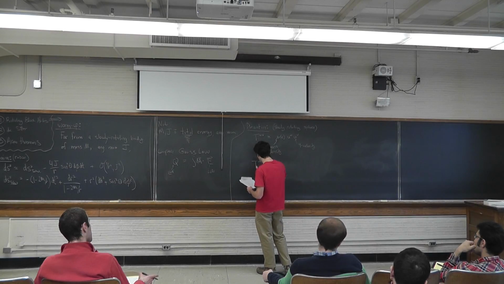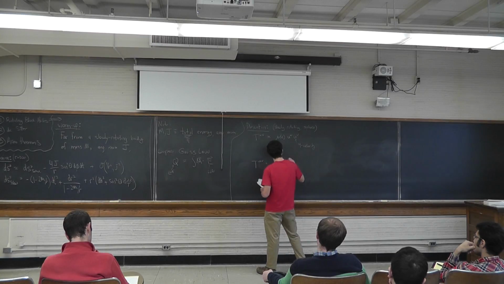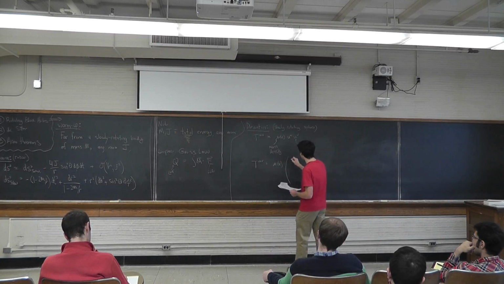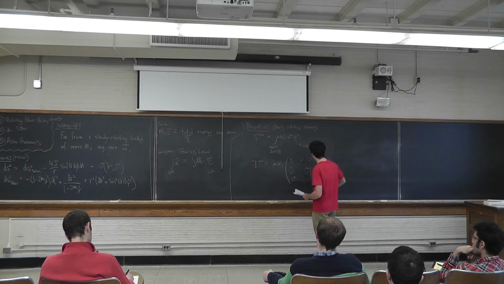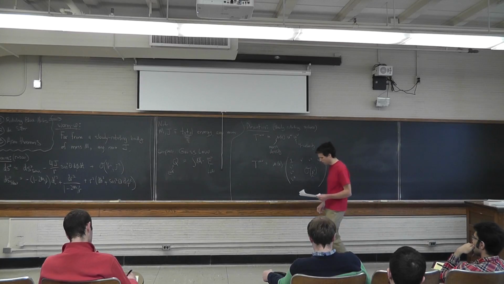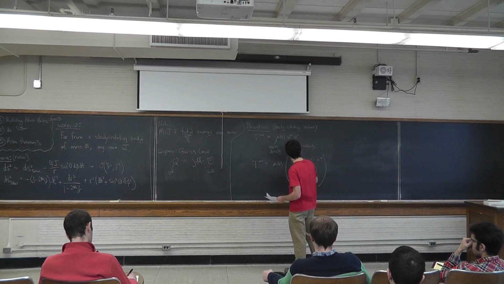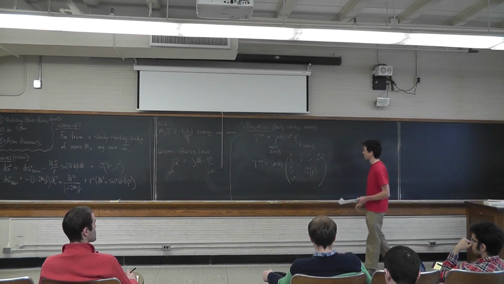So what we want to use is that you can write T mu nu as rho of x times the matrix 1, V1, V2, V3, V1, V2, V3, with everything else order V squared over c squared. And I'm in the basis t, x1, x2, x3.